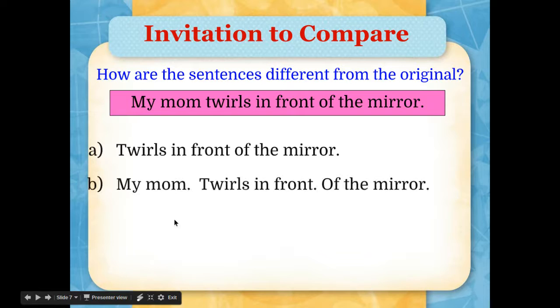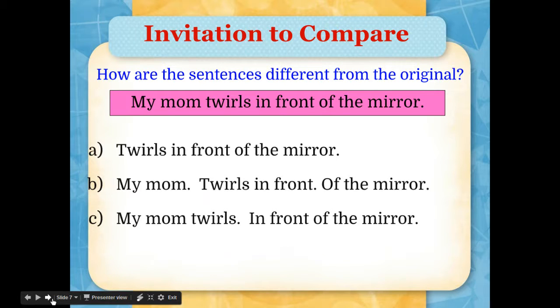My mom, period, twirls in front, period, of the mirror, period. Oh, too many periods. We don't have a complete sentence at all. We have three incomplete sentences, just fragments all throughout. And then this, my mom twirls. That's a complete sentence, but in front of the mirror is not a complete sentence. So it is dependent on this.